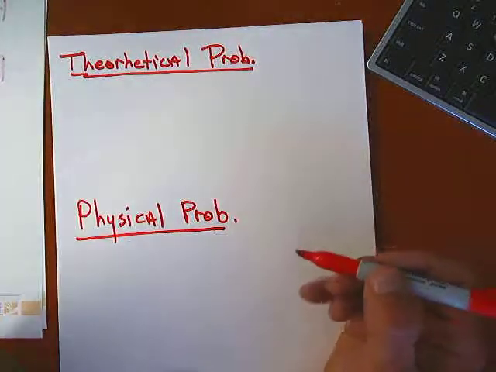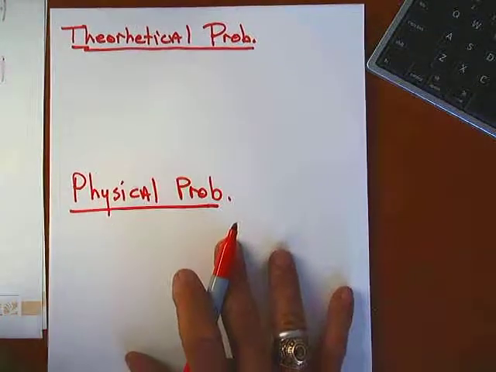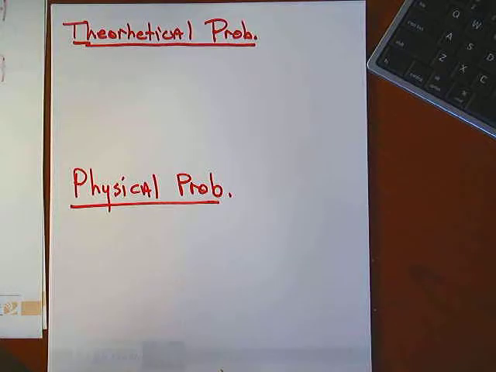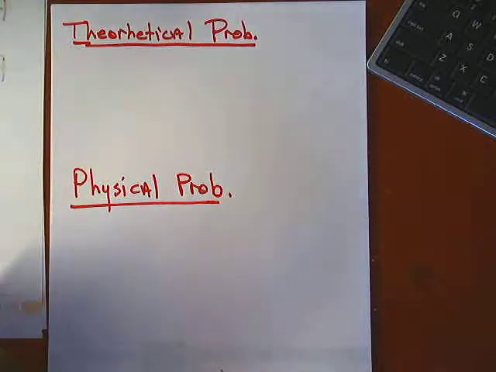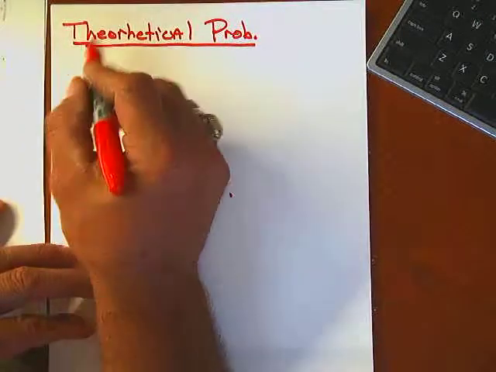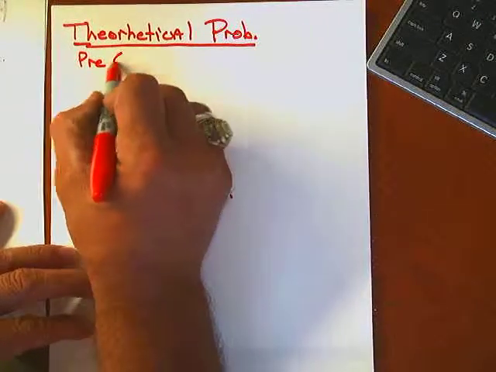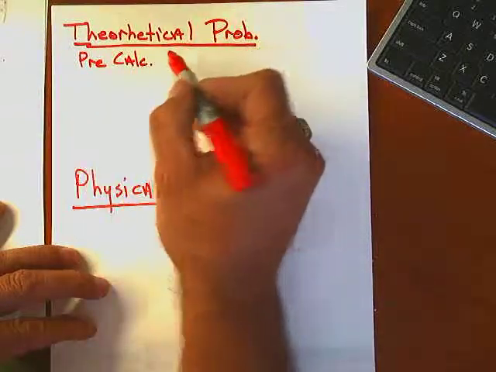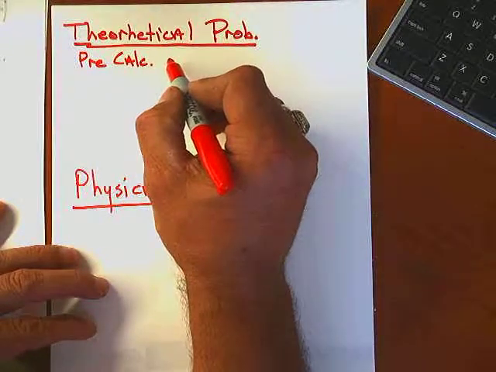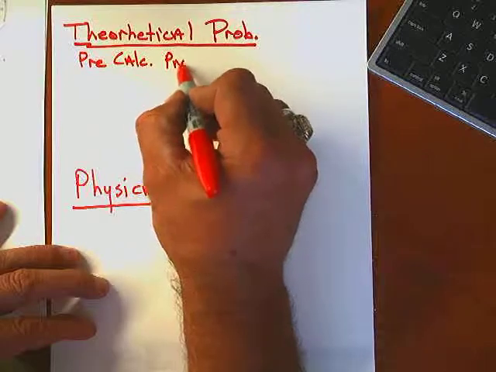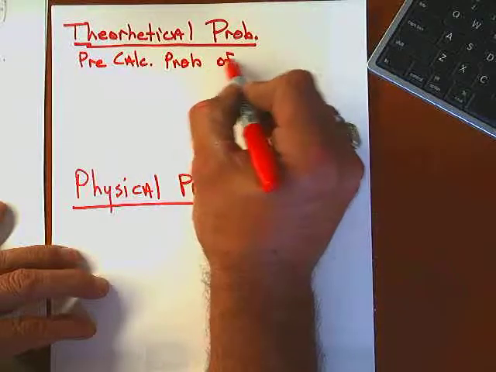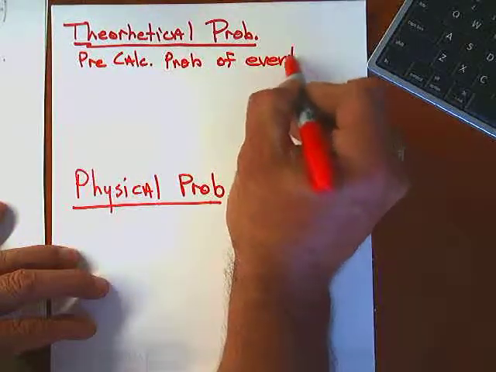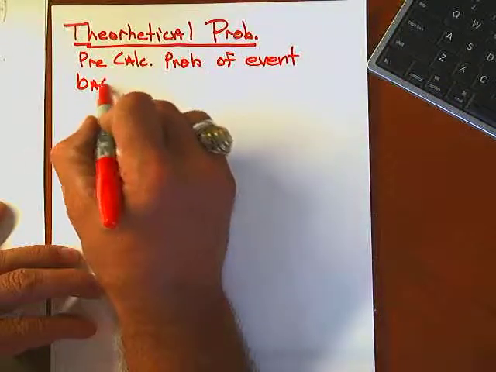Theoretical probability and the physical probability. Different books call it different things. This is what Hubert calls it, so this is what I'm going to use. The theoretical probability is the predetermined calculated probability based on the features of the object or the features of the event.